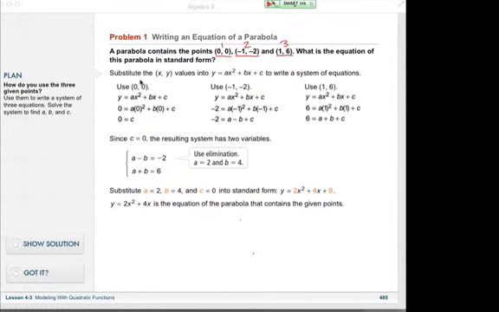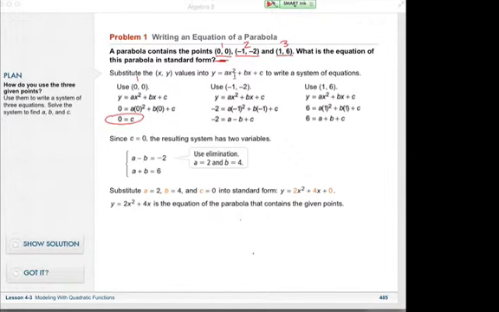So for the first point, (0, 0), I'm plugging 0 in for x and 0 in for y. And if I do that, I get 0 equals a times 0 squared plus b times 0 plus c. Well, if I simplify this, I'm left with the fact that c must equal 0. Now I will admit this was kind of a special case because my vertex happened to be exactly at the point (0, 0).